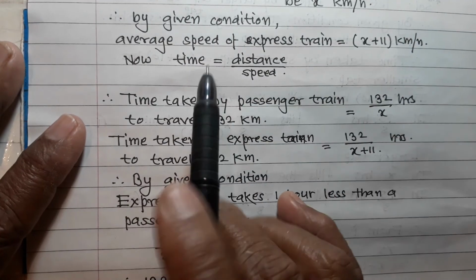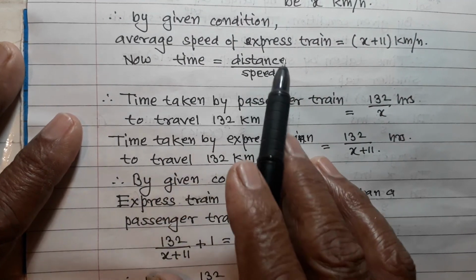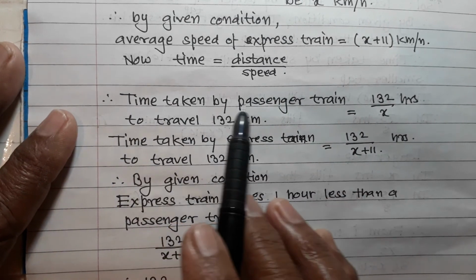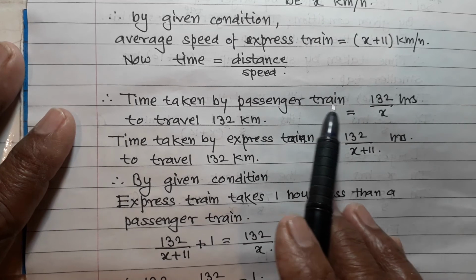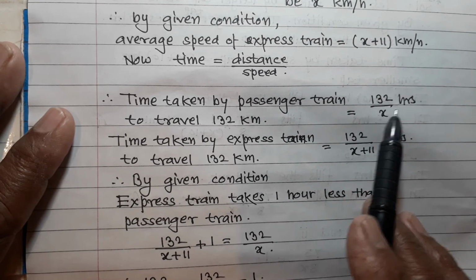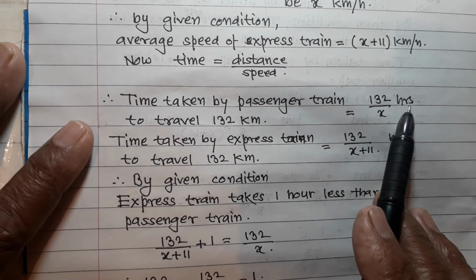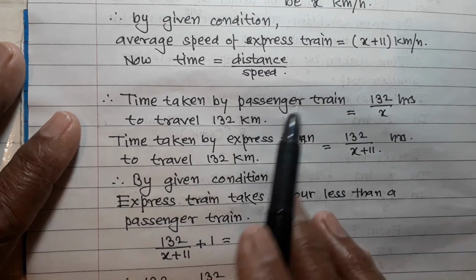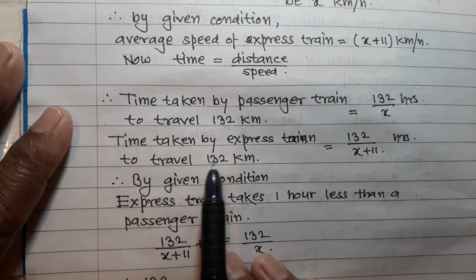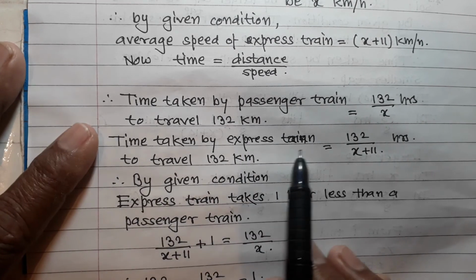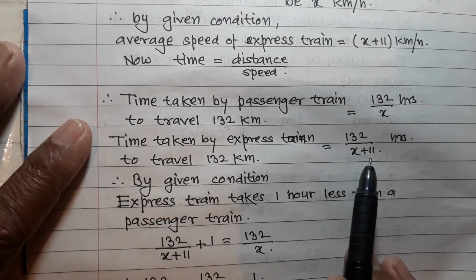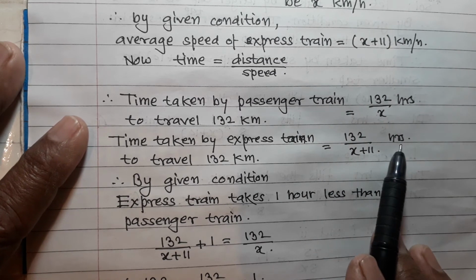Now you know time is equal to distance upon speed, and therefore the time taken by the passenger train is equal to 132 upon x hours to travel 132 km. The time taken by the express train to travel 132 km is equal to 132 upon x plus 11 hours.